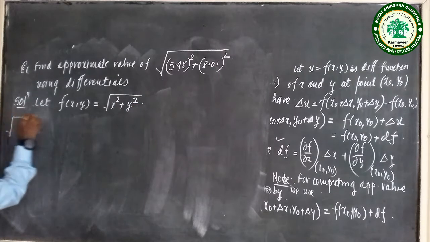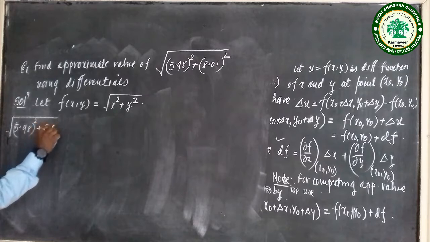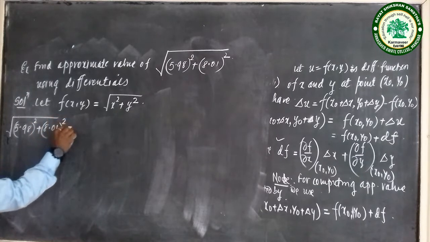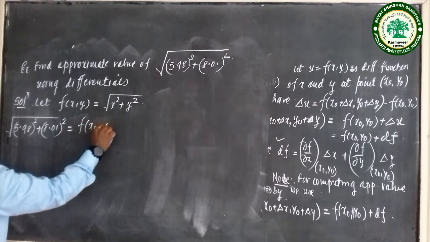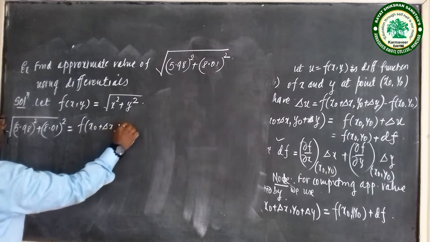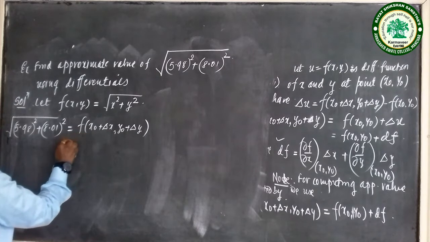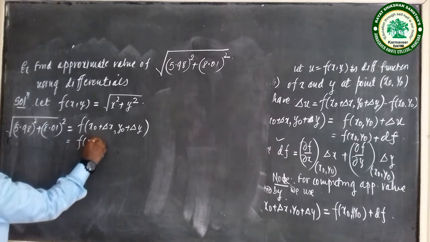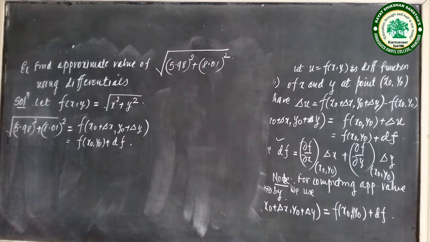Therefore, write the value given in your problem, root of (5.98)² + (8.01)², which is equal to f(x₀ + Δx, y₀ + Δy), which is equal to f(x₀, y₀) + df.